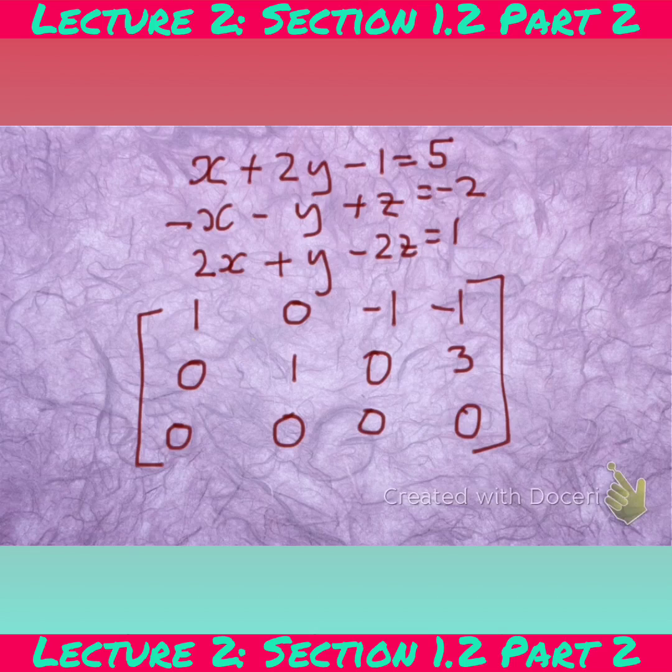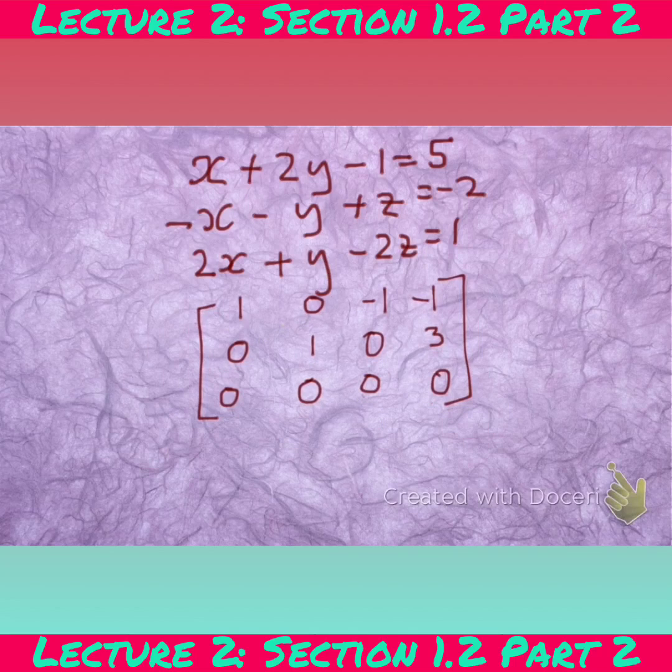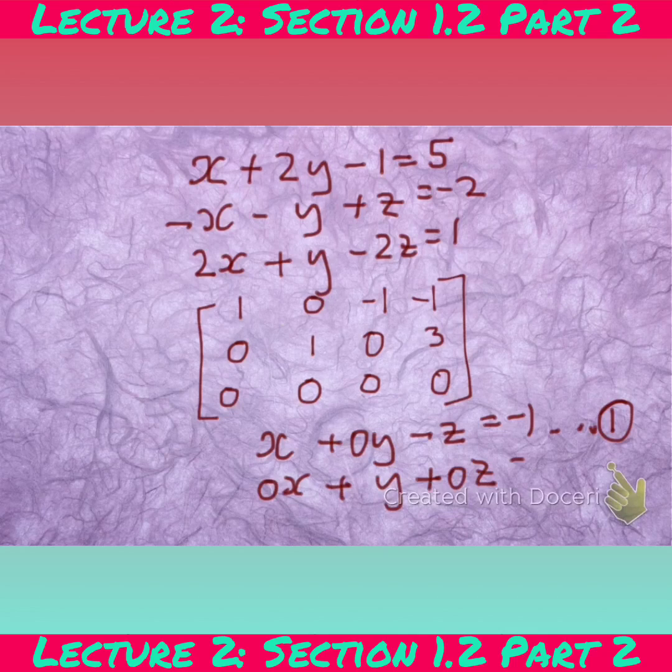Okay, so now you can solve this system primarily by inspection. You write down the system corresponding to that, so that becomes x plus 0y minus z is equal to -1. That's the first equation. The second equation is 0x plus y plus 0z is equal to 3.